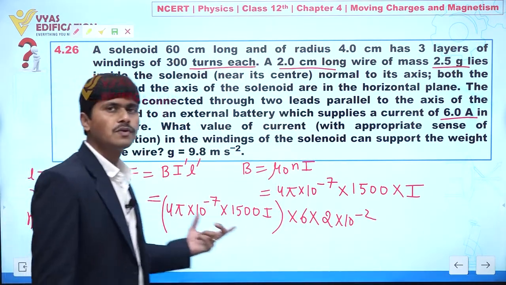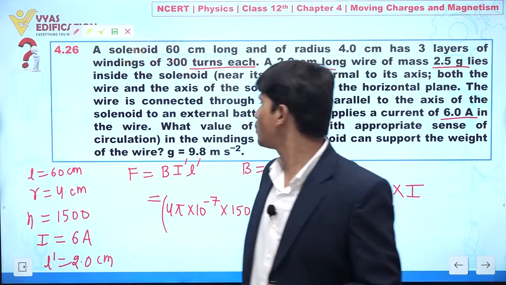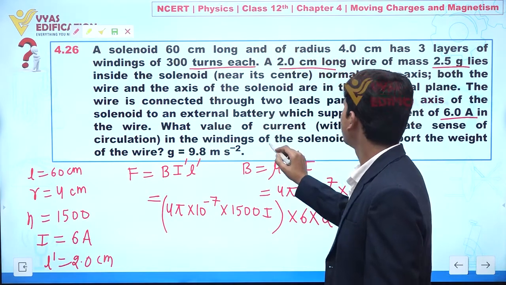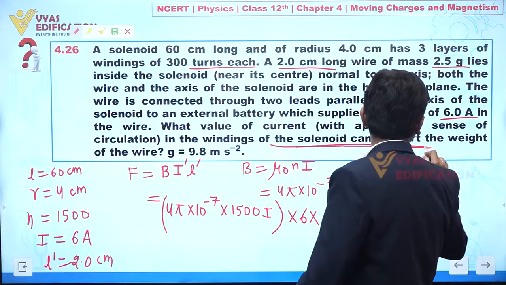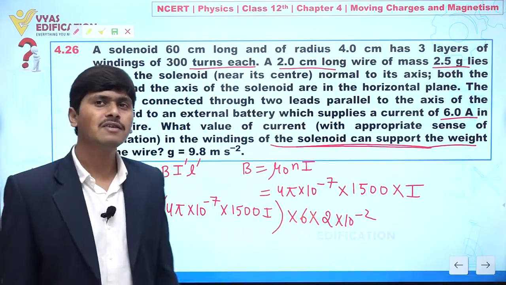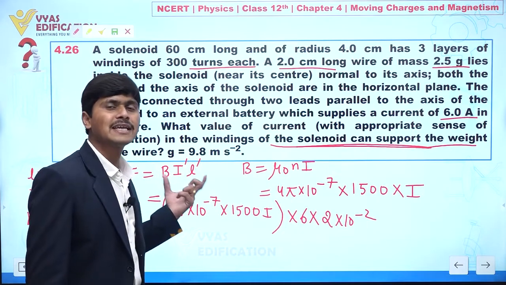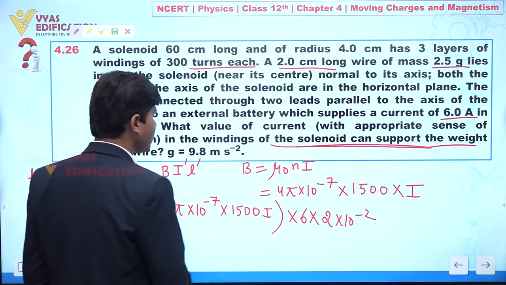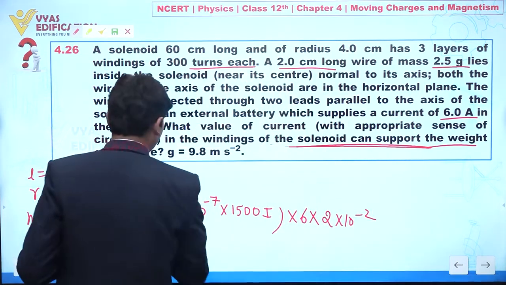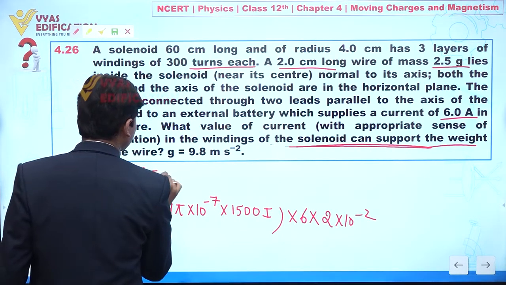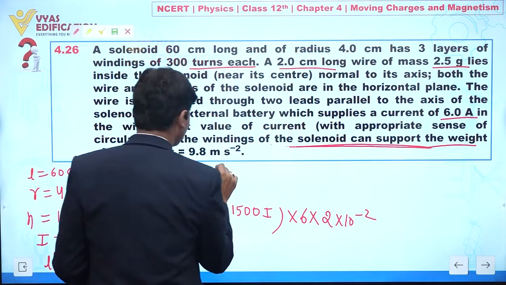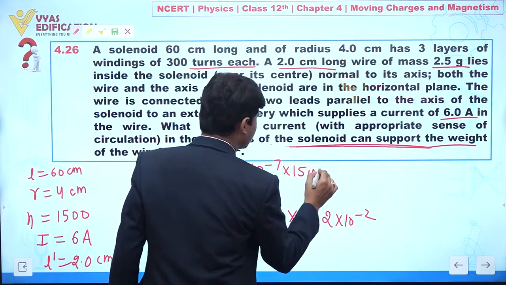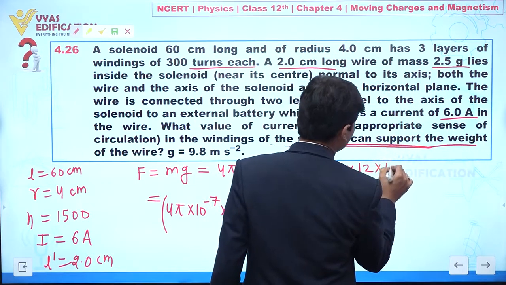Now this is the force acting on that conducting wire, and it is given that the winding of the solenoid can support the weight of the wire. It means this force can support mg. So F should be equal to mg, and this should be equal to 4 pi into 10 to the power minus 7 into 1500 I into 12 into 10 to the power minus 2.